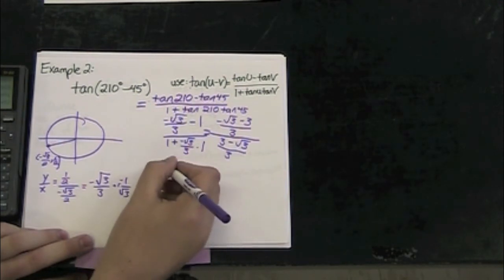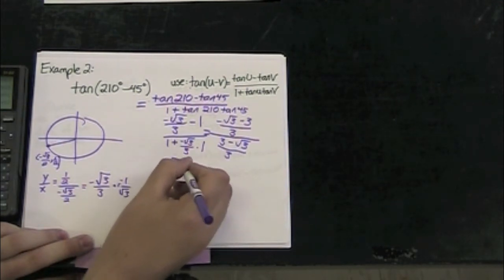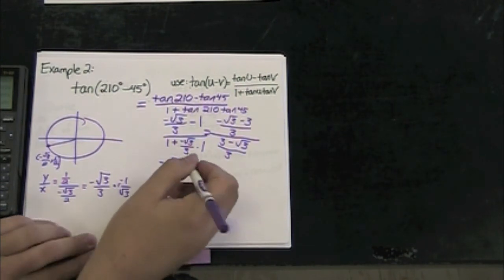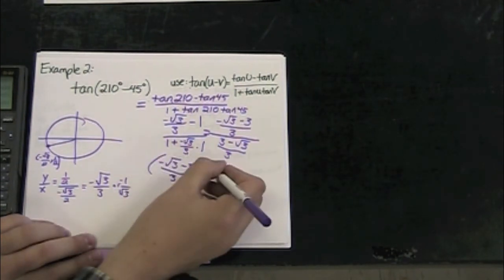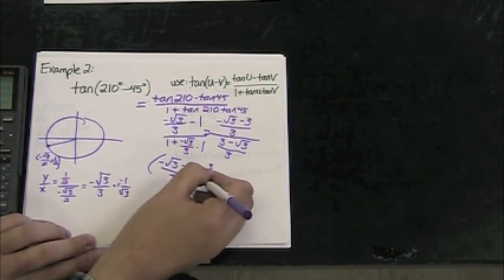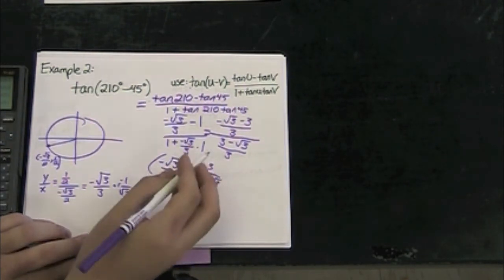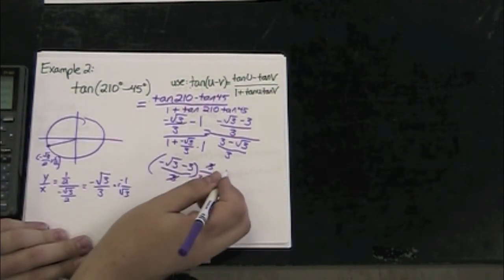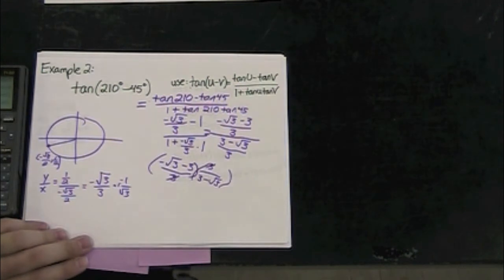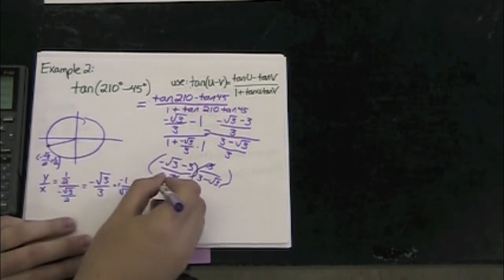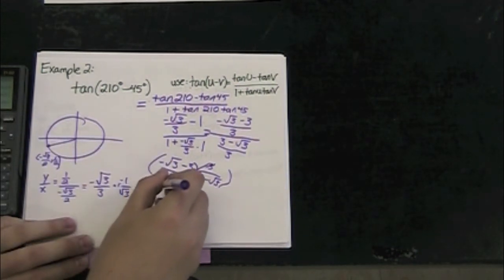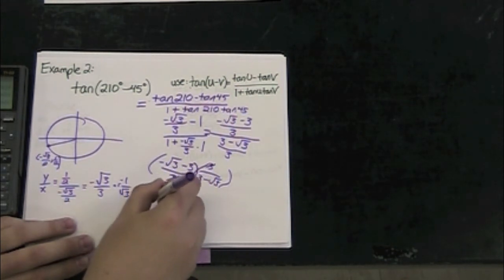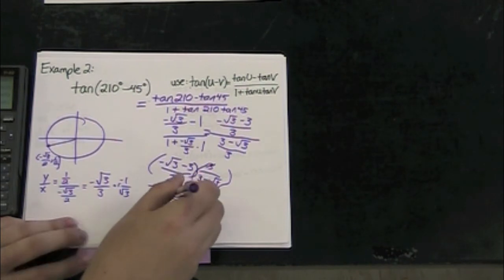If I multiply this out, negative square root of 3 minus 3 over 3 times 3 over 3 minus the square root of 3. My 3's on the first denominator, second numerator are going to cancel out and leave us with negative square root of 3 minus 3 over 3 minus the square root of 3.